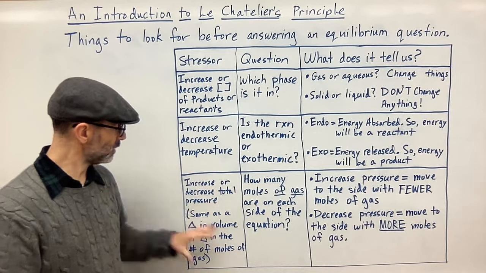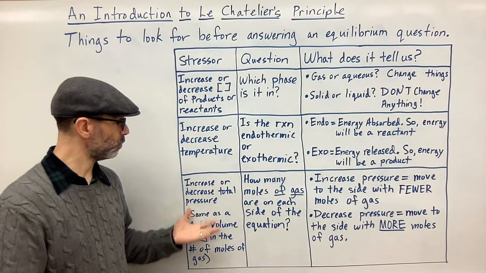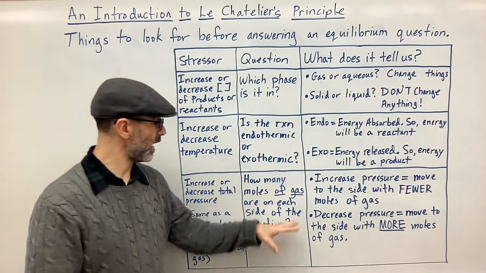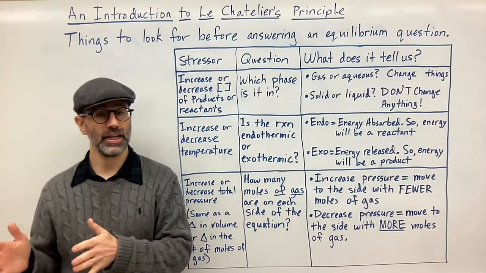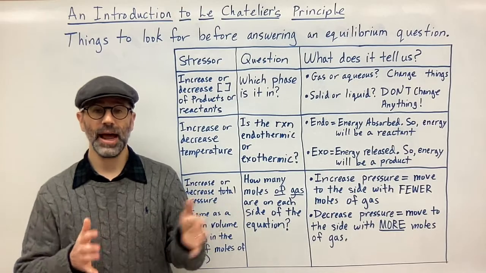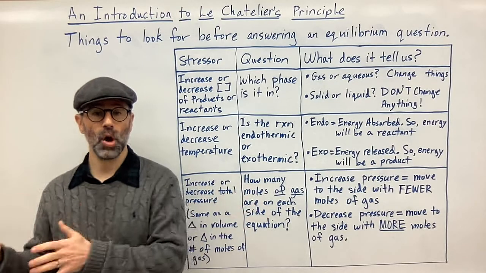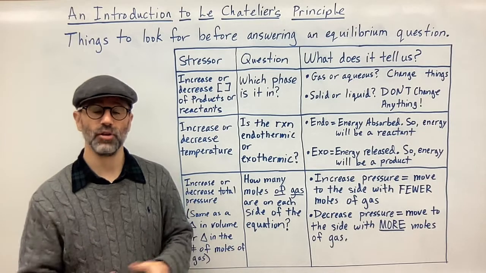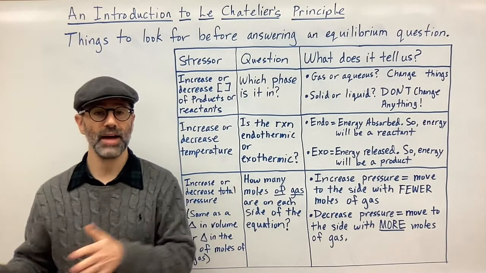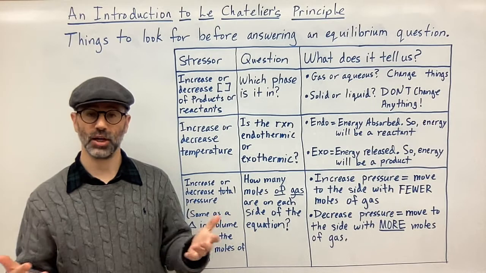So what happens if we increase or decrease the total pressure? Well, the question we have to ask ourselves is which side of our equation that's in equilibrium has the fewest or most moles of gas. So what's the number of moles of gas on each side of the equation? That's our question.